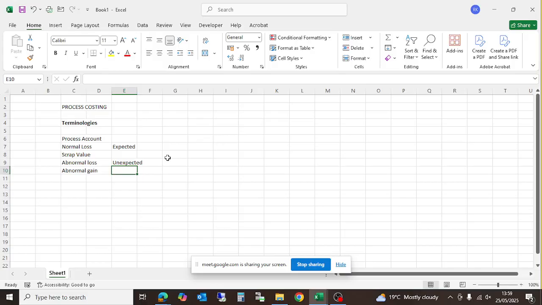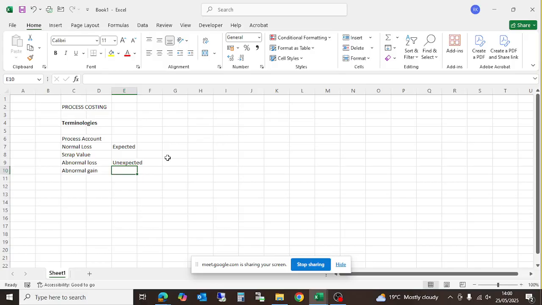Although we actually find it when we might have a loss, but the loss is less than the normal loss. So the abnormal gain is when there is less loss than expected. Let me put it like this: when there is no loss, or there's an absolute profit, or there's less loss than expected. We might have a loss, as long as it's below the normal loss, then we are good. It's an abnormal gain.